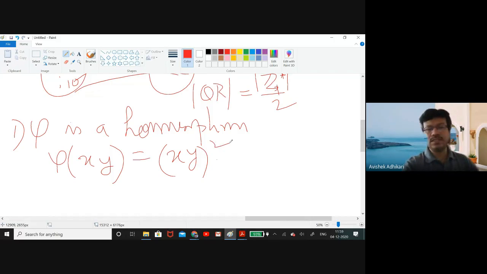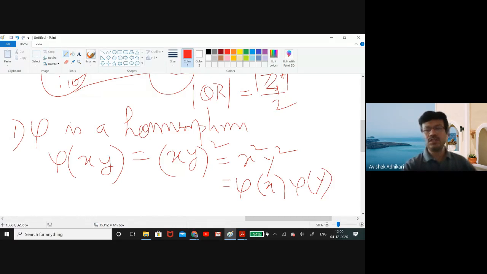And since this is a commutative group, this is x square y square. So this is phi x times phi y. So this is a group homomorphism, right?